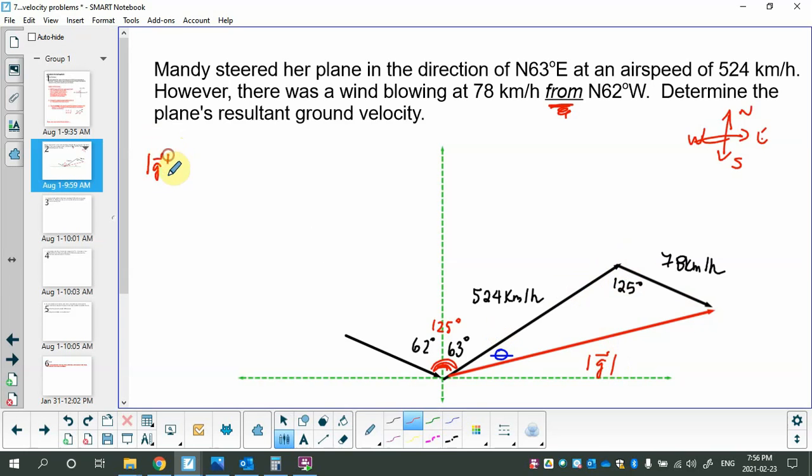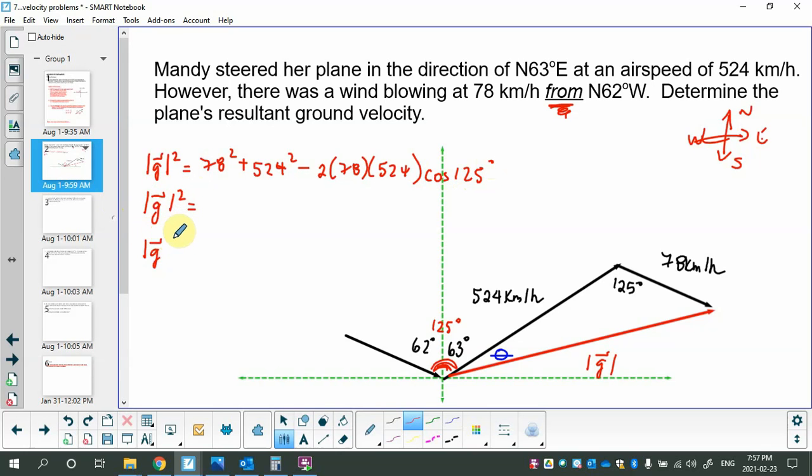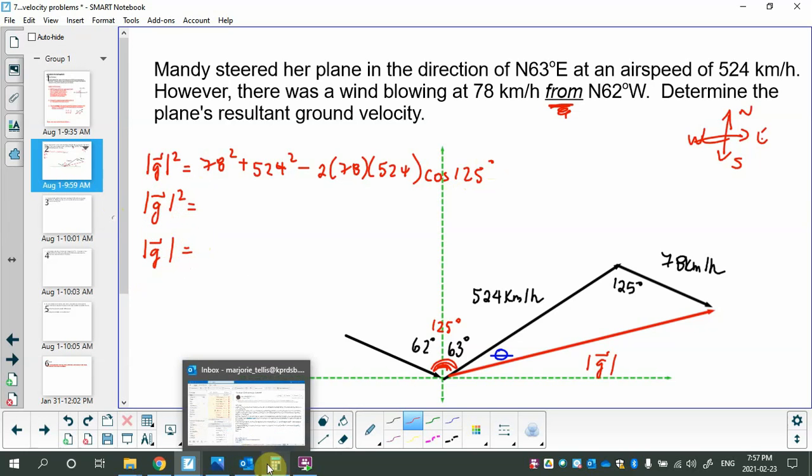So ground speed squared is equal to 78 squared plus 524 squared minus 2 times 78 times 524 times cos 125 degrees. I'm going to calculate that and then take the square root. And notice how I'm using really great notation. I'm still using vector notation, and I'm saying I'm finding the magnitude.